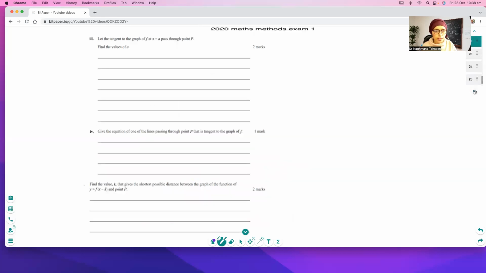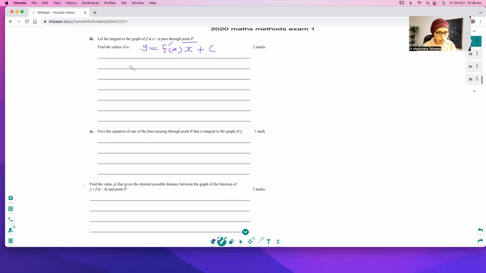Okay. Now the next part of the question says, let the tangent to the graph at x pass through the point P. Find the value of a. So what we're saying is the tangent is y equal to f dash of a, this is our gradient, times x plus c, right? We're saying this tangent passes through the point.